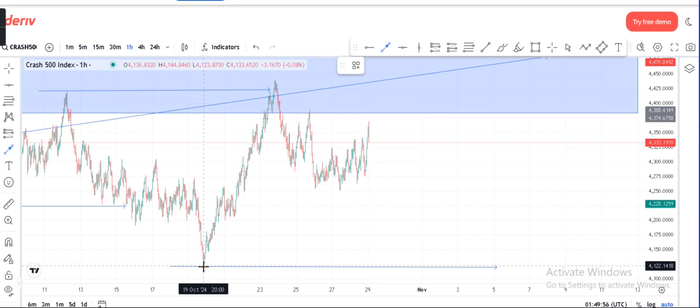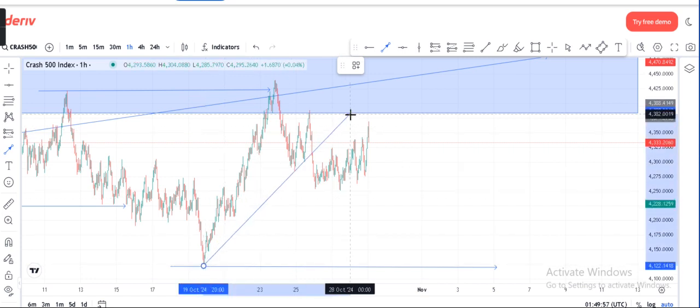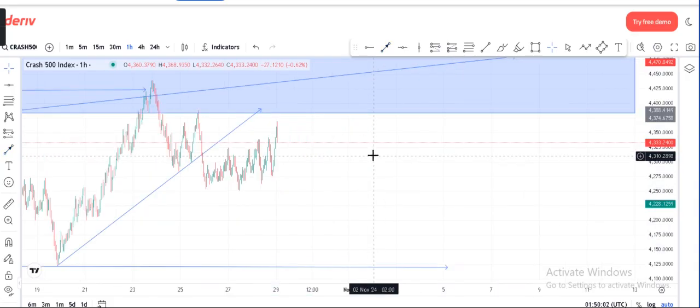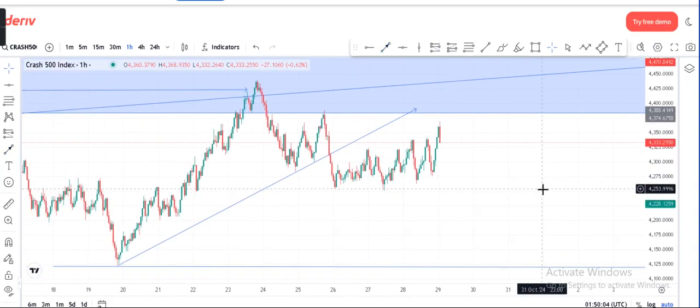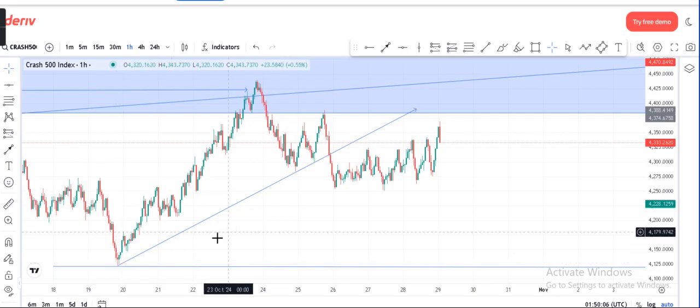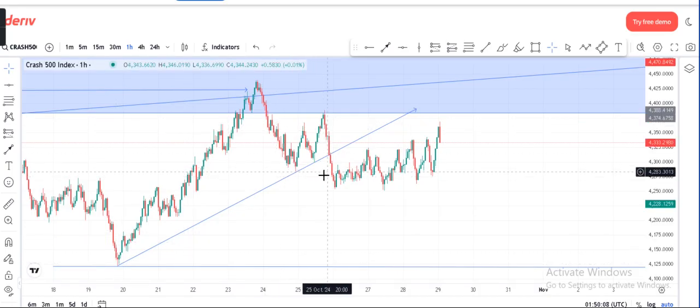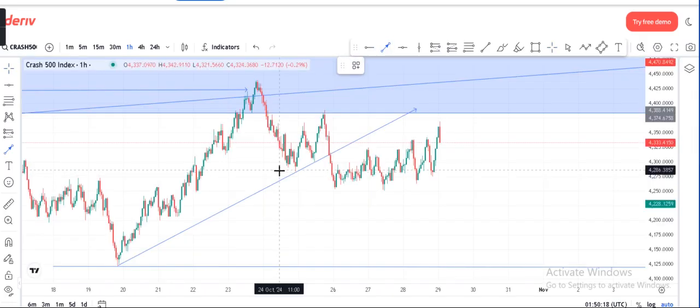But in the meantime, the same structure repeats itself up to this point. So we can clearly see a break in trend line here. A break in trend line, the market rallies up using this structure from this particular point to this point and gives us an entry for a sell.